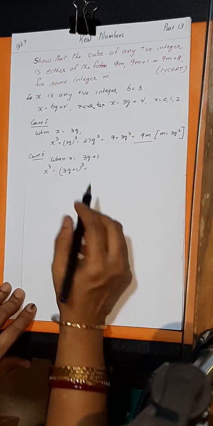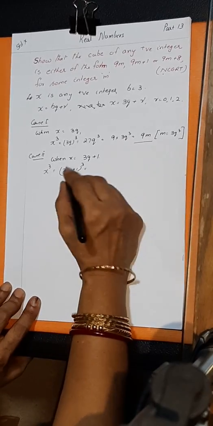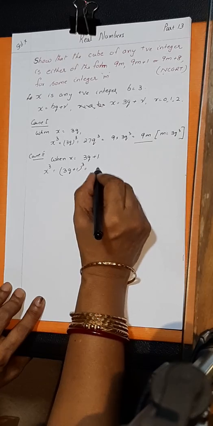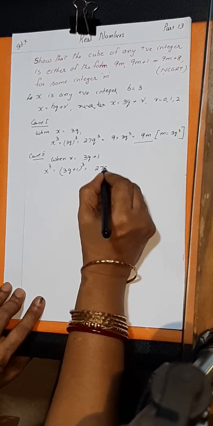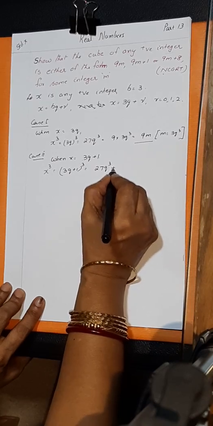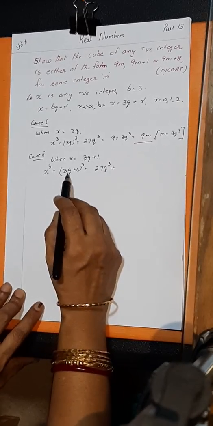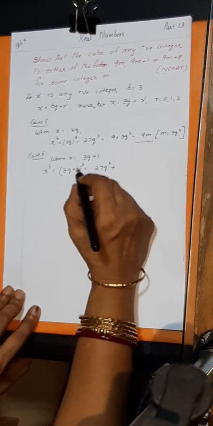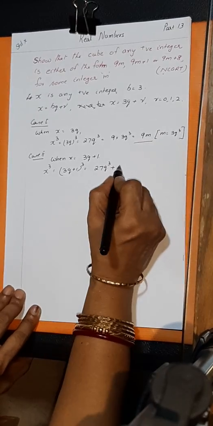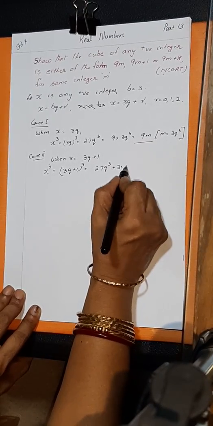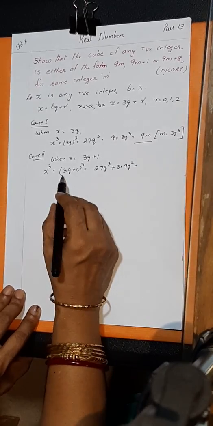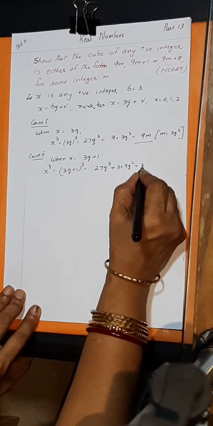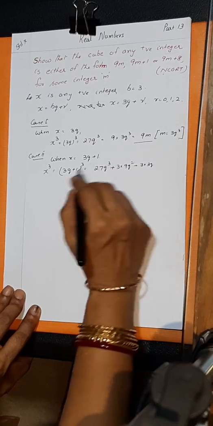Remember the identity for a plus b the whole cube: a cube plus 3a squared b plus 3ab squared plus b cube. So a cube is 27q cube, then 3a squared b is 3 into 9q squared, b is 1, plus 3ab squared, so 3 into 3q into 1, plus b cube.